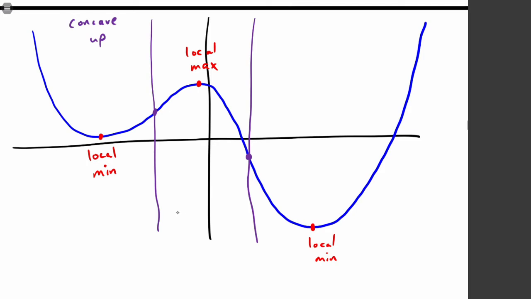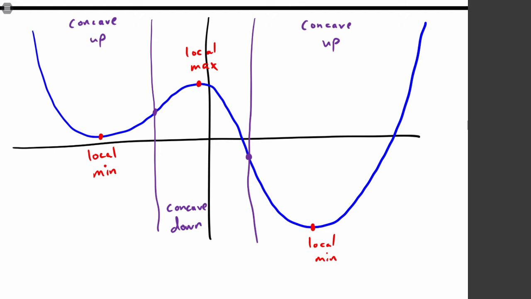So in the middle here, we look to be concave down. And then over here, we're concave up again, because we're smiling. So, can you notice any kind of association here between local max and min and concave up and down?